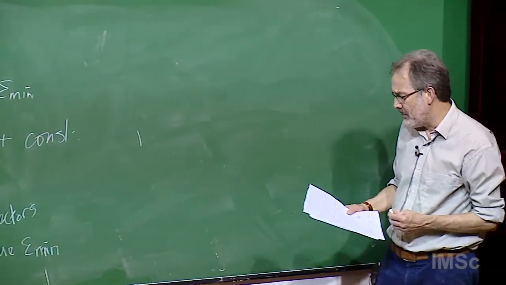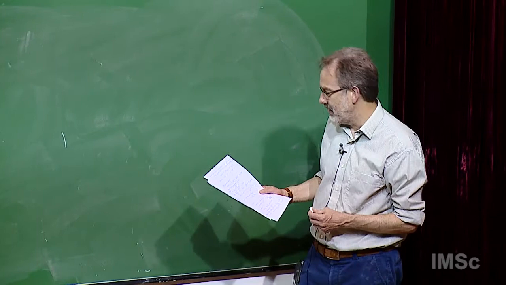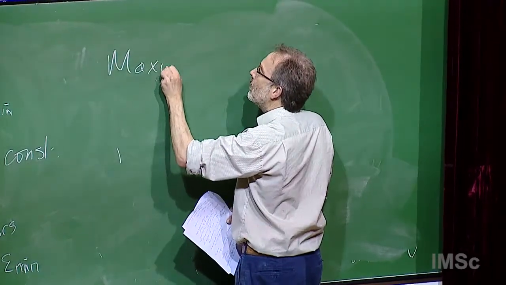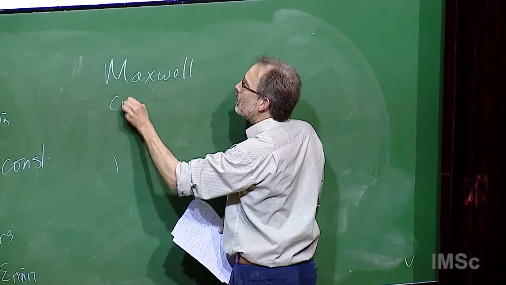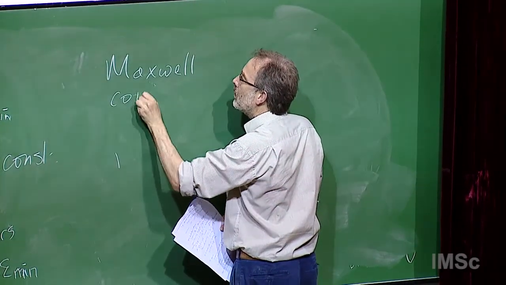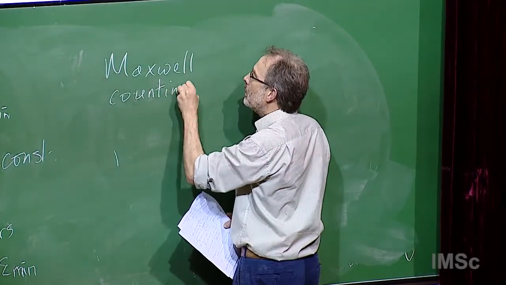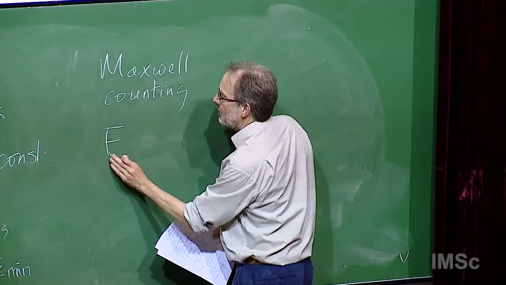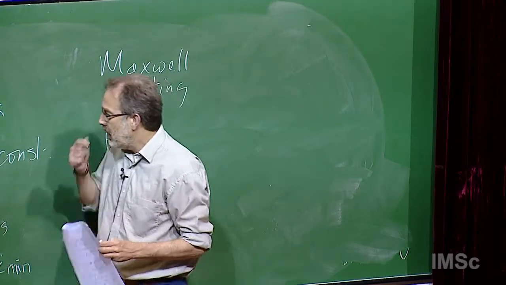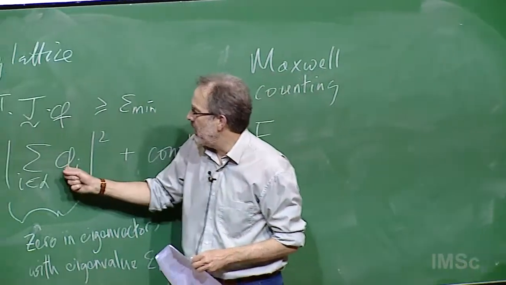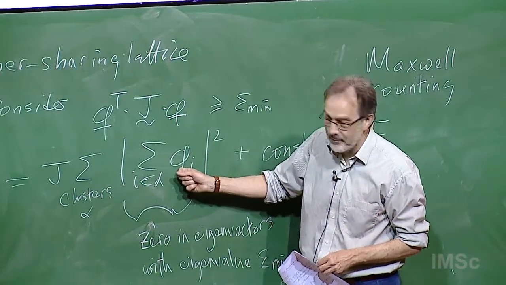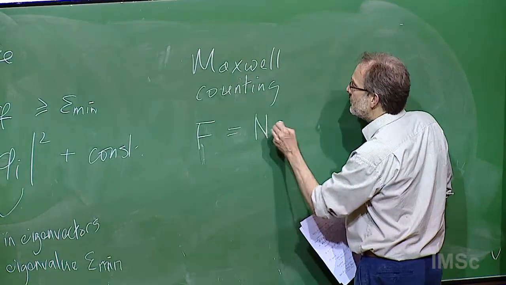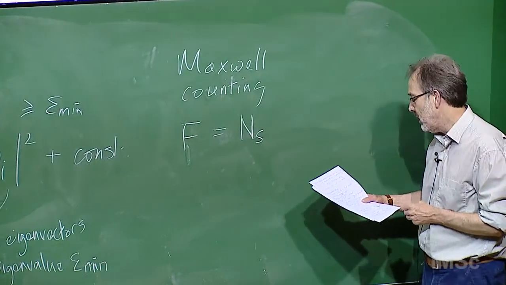And now we can do something like the Maxwell counting that I talked about before. The degrees of freedom here are the amplitudes of the eigenfunction on each site, so the number of degrees of freedom is the number of sites.